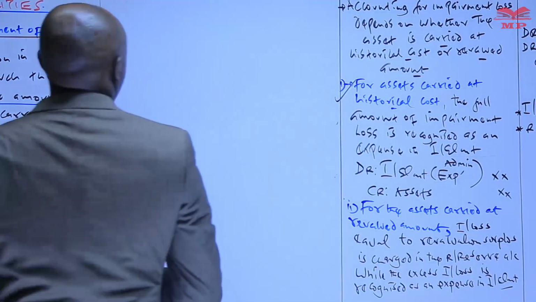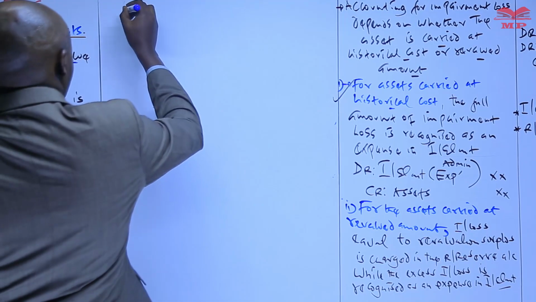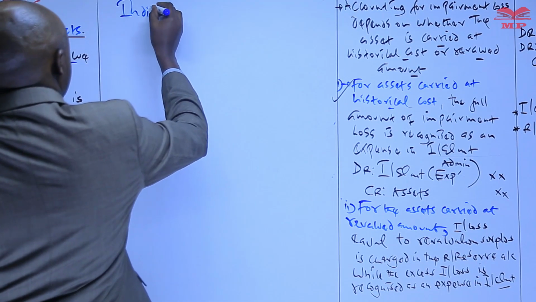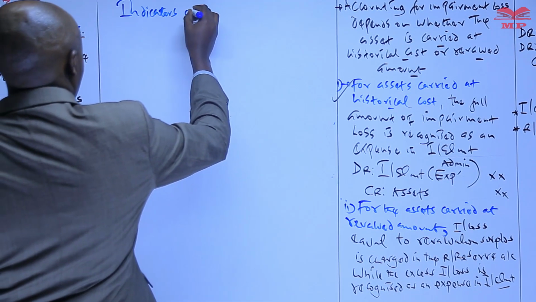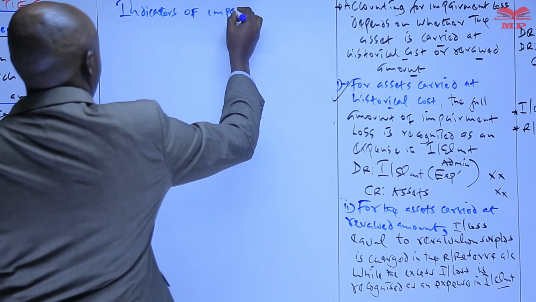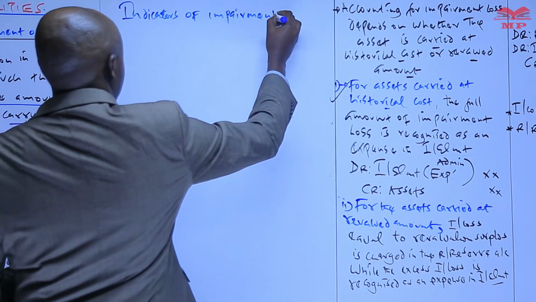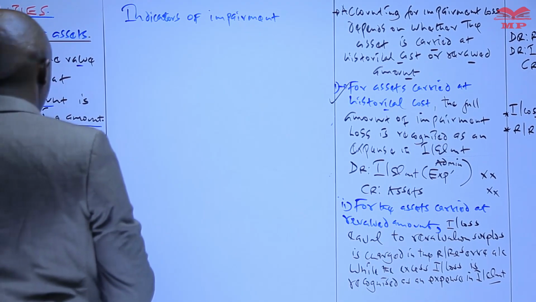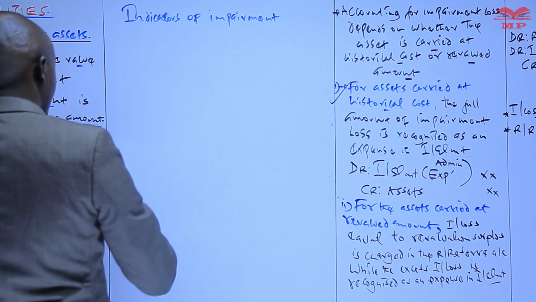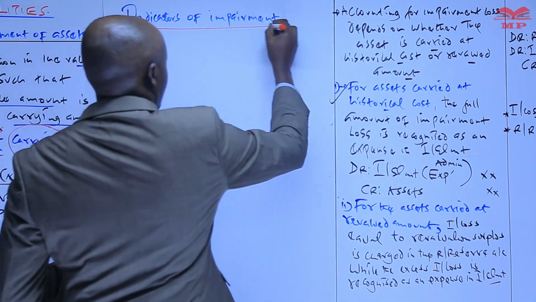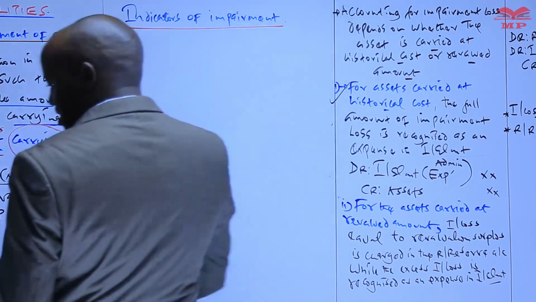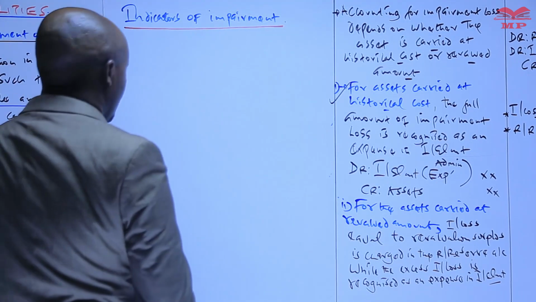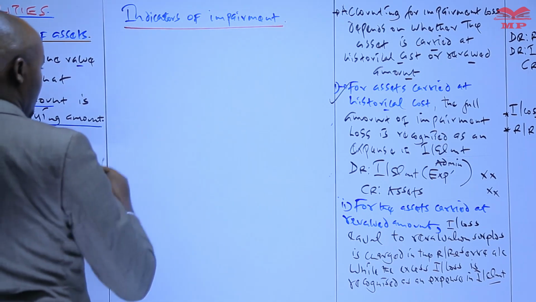So we refer to them as indicators of impairment, which are those factors which indicate that the asset could be impaired. And these factors are classified into two categories.